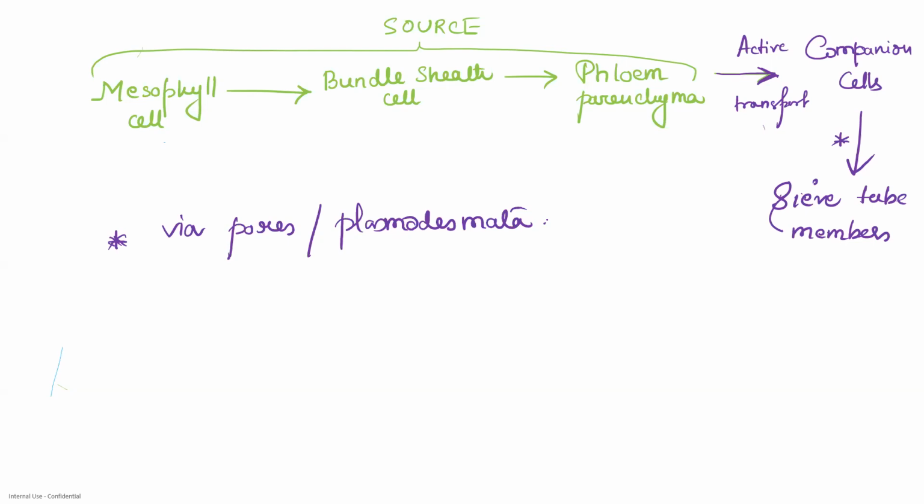Now, these can be jumbled up. You can be asked to arrange it in sequence. So the source is the first item and sink will be the last, but the intermediary terms in between should be clear.